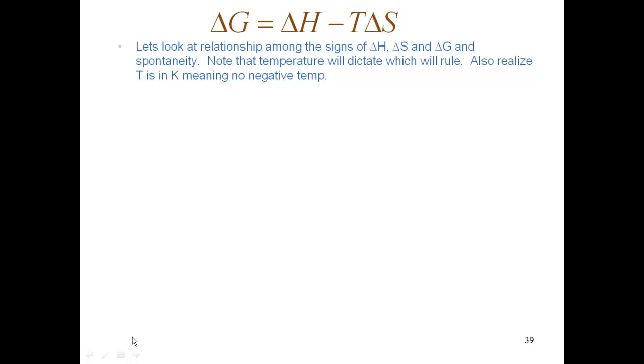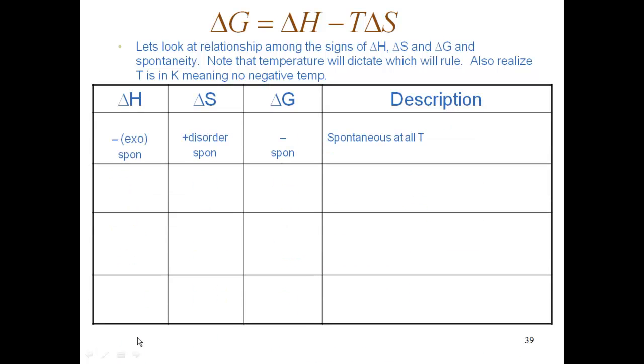Let's start off with the easy ones first, where there's no competition. If I talk about an exothermic reaction, that favors a spontaneous reaction. If I talk about an increase in disorder, that favors a spontaneous reaction. So there's no competition between the two. Since both of them are favoring a spontaneous reaction, the overall reaction must be spontaneous. Mathematically, this works out.